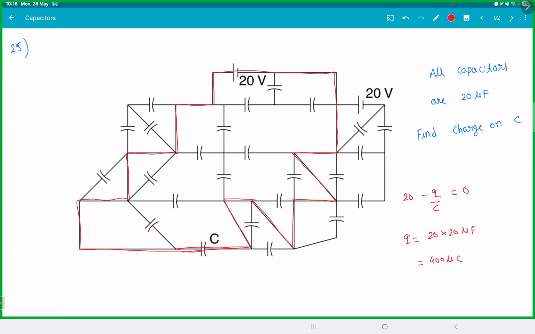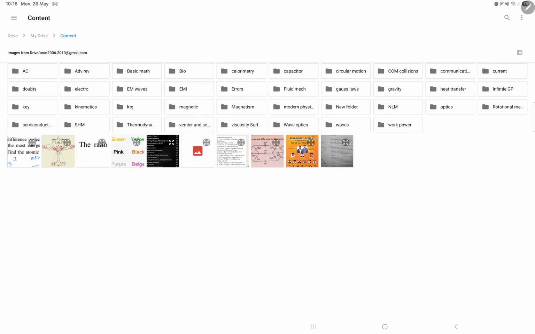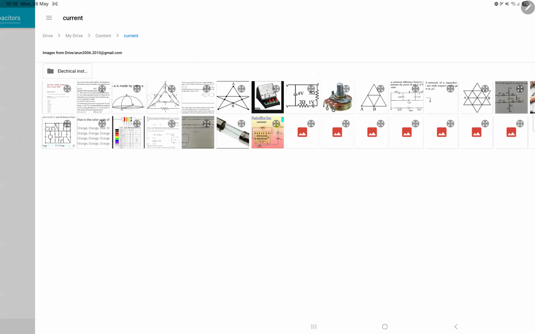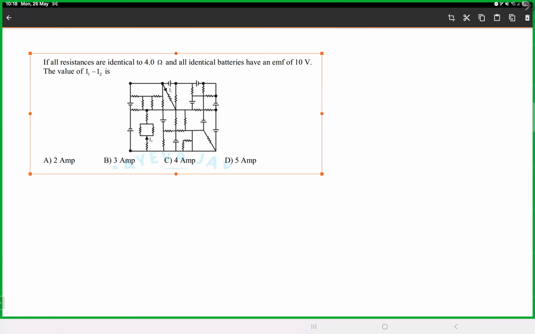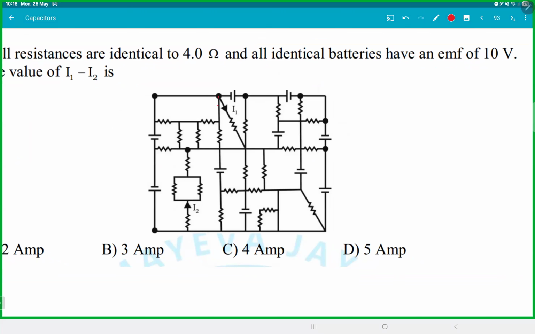So you'll find these kind of questions also, meaning I'll show you one more, which will come in current electricity. We will solve then. For now, let's just find the path. This is still innocent. You'll actually find huge mazes. Can you find a path where this is the only resistor?